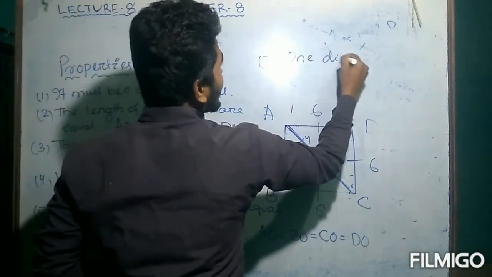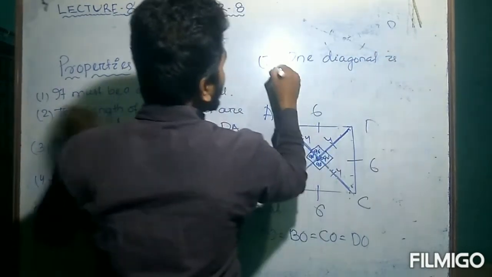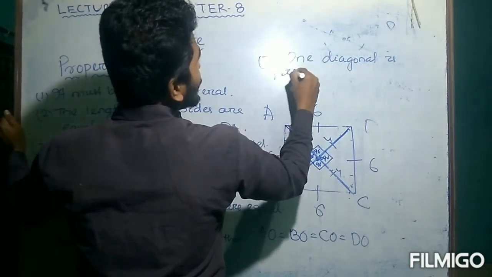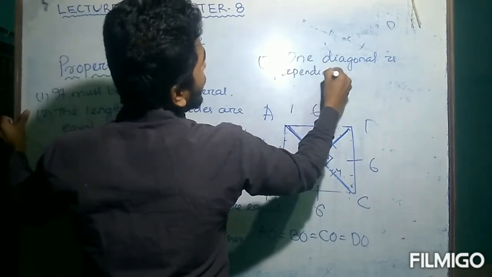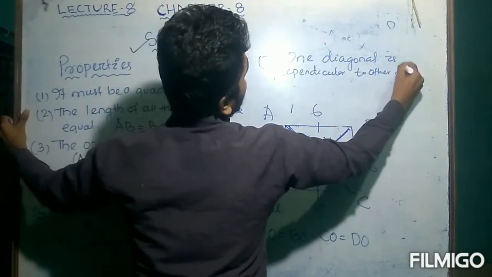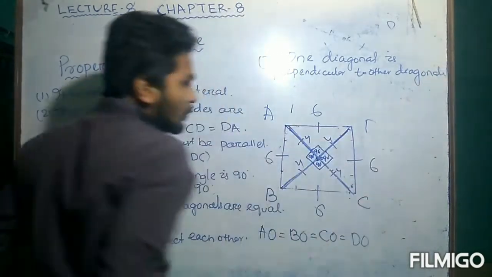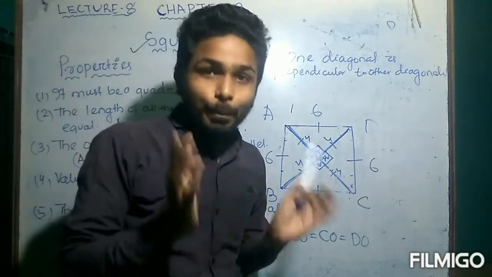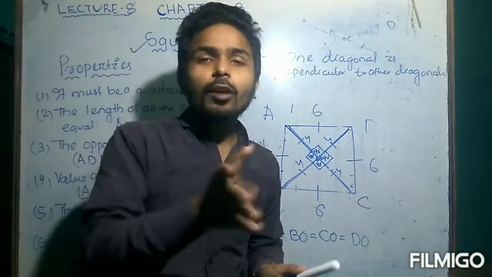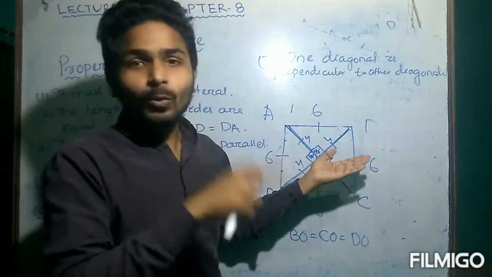One diagonal is perpendicular to the other diagonal. Or simply you can write, two diagonals are perpendicular bisectors of each other. Why are they known as bisectors? Because they bisect each other. Why are they known as perpendicular?